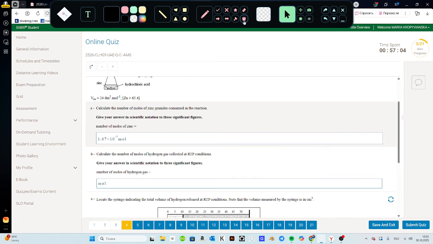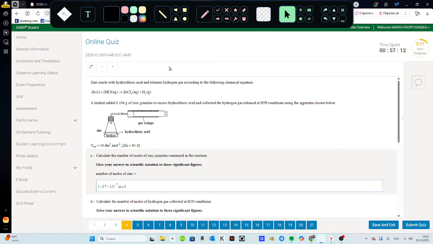Now, there is a small trick. Of course, you can do the same thing for hydrogen, find the molar mass, but whatever. Let's use the stoichiometric ratio instead. We can see that for 1 mole of zinc, we're going to have the same amount of hydrogen. See, there is no coefficient next to the 2 elements, right?